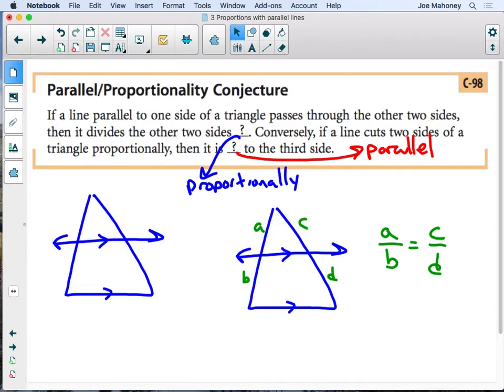So in between here, I'm going to put like a double arrow, meaning that if you're given a line parallel to a side of a triangle, it makes a proportion out of the other two sides. But if you know that there's a proportion that is true, it means that that line is parallel. So it's like a two-way thing.